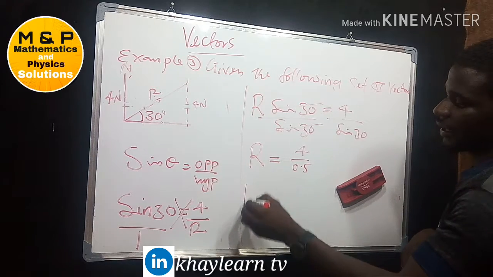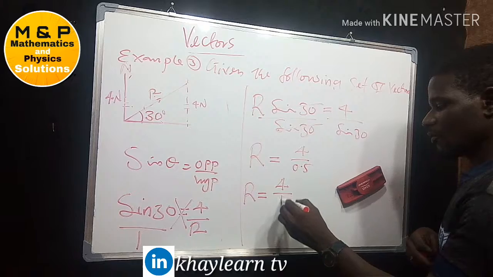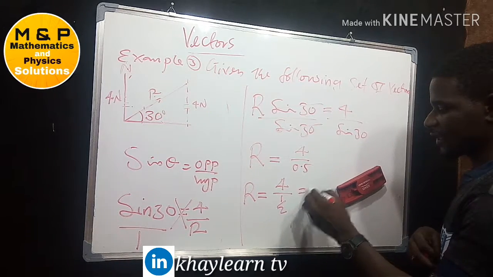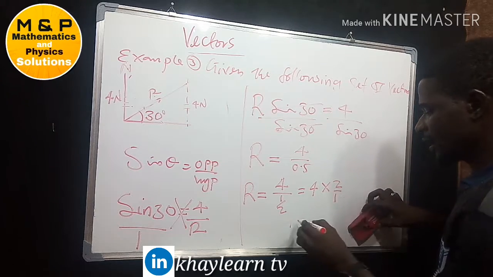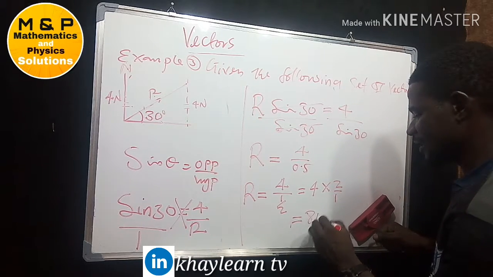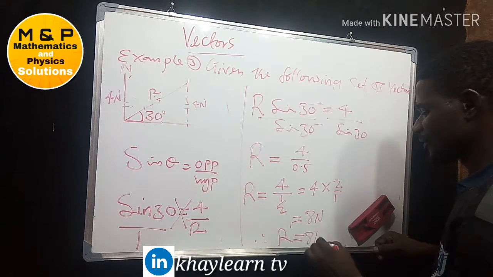What we're going to have is R equals 4 over 1 over 2, which is 4 times 2 over 1, and this will give you 8 Newton. Therefore our resultant is 8 Newton.